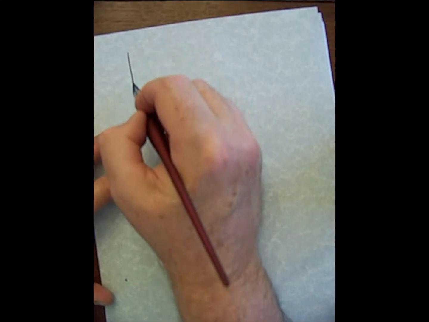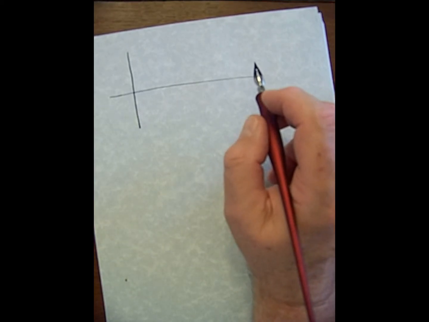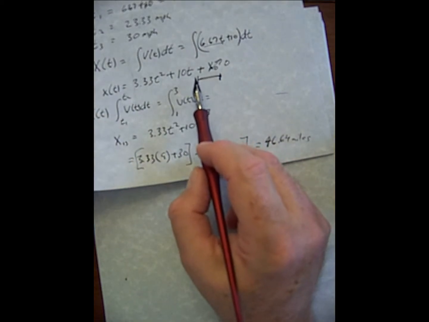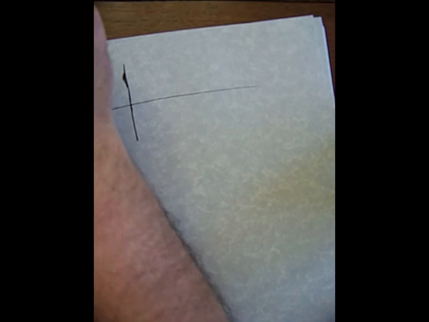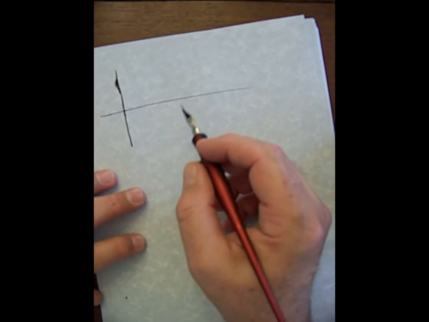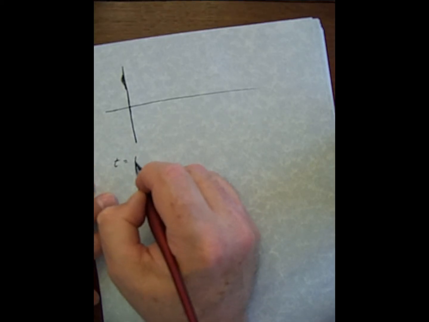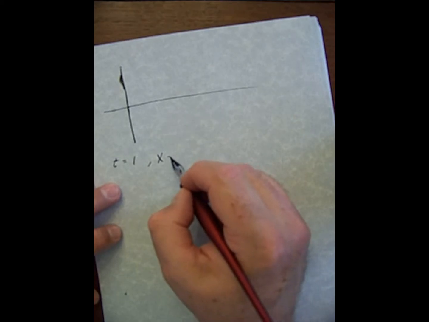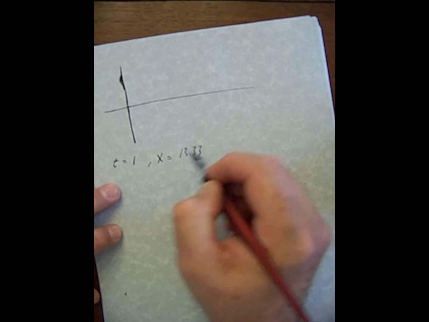Well, if you know your algebra, you know that this is the equation of a parabola. So if we just go through and plot some points, we'll see that at t equals 1, x equals 13.33.